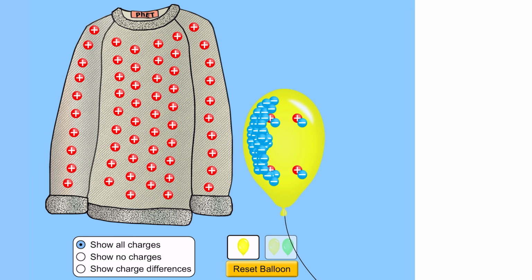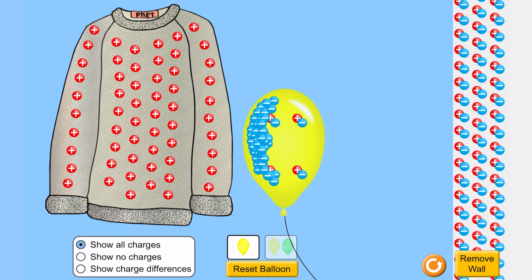Let's go back to the wall. Why does the balloon stick there too? To explain, we'll need help from a simulation. Shout out to the University of Colorado's PhET lab. If you bring a negatively charged balloon close to a neutral wall, something interesting happens.